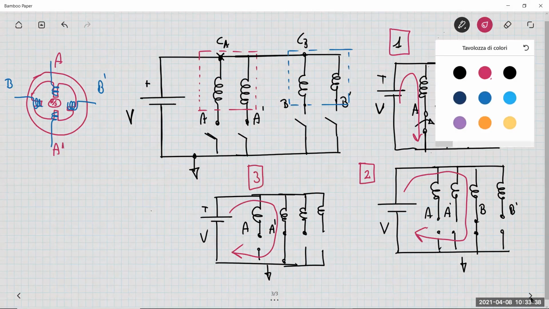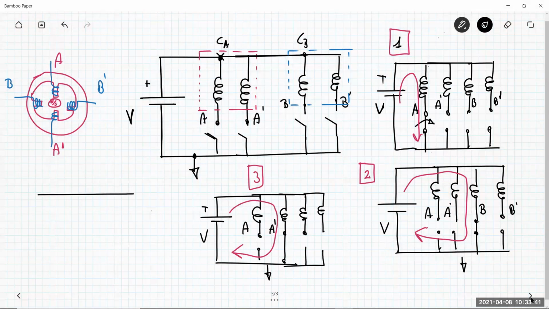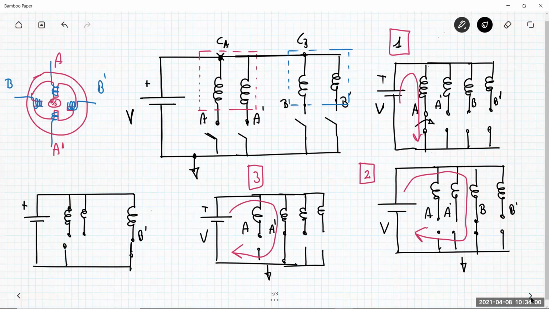And then finally, I have step number 4, in which I have to energize phase B, but specifically I have to connect to ground B prime. All other windings are left open: A, A prime, and B. This is step number 4.